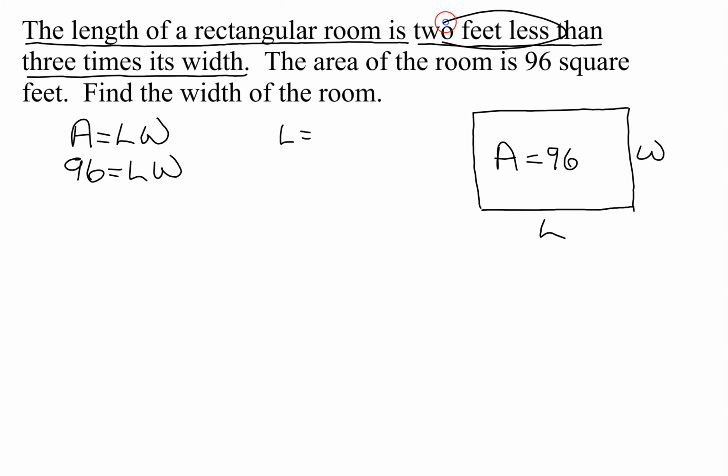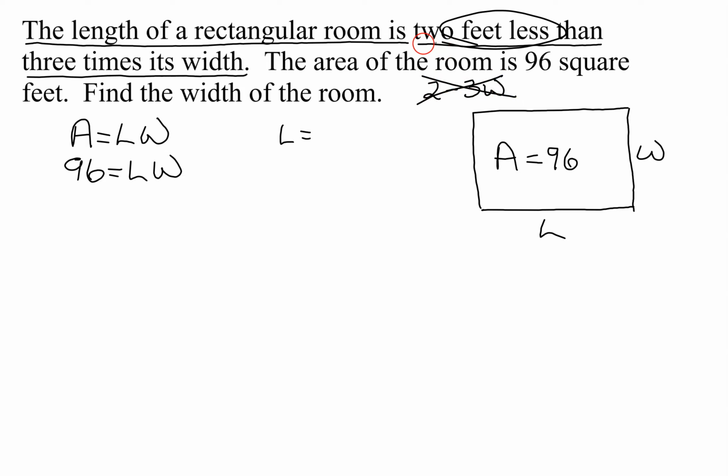2 feet less than 3 times the width. And directly you see this less than, be careful. This is where students mess up the most because they tend to write it in the order it's written, and they often write 2 minus 3W. That is totally wrong.